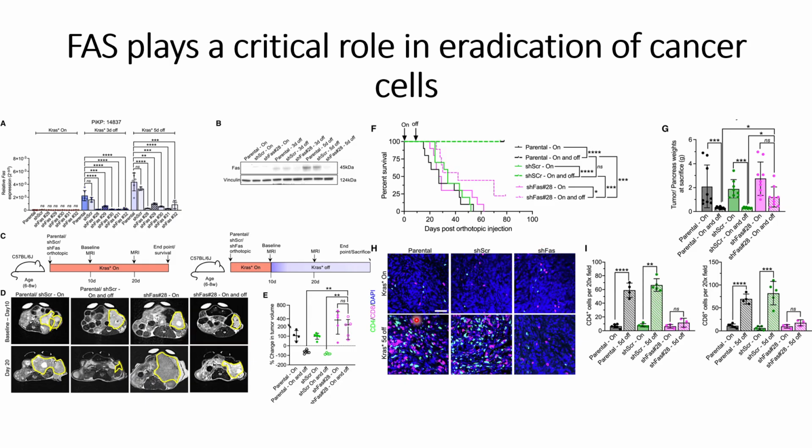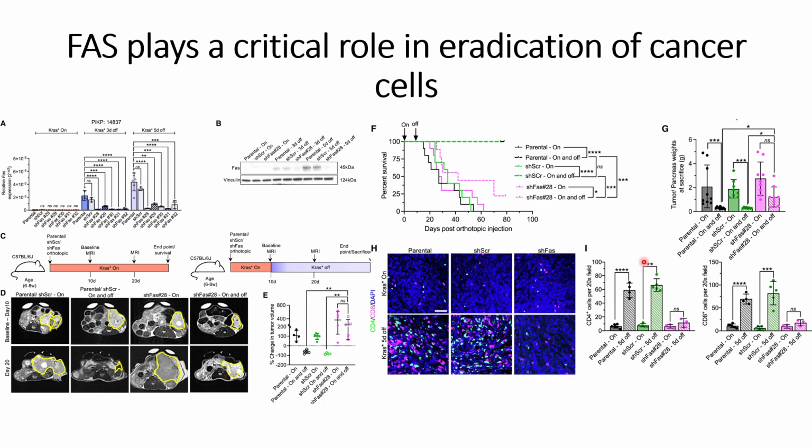But when the KRAS mutations are off after 5 days, we see the infiltration of the CD4 plus and CD8 plus T cells in the parental and short hairpin scrambled RNAs, but not in the short hairpin FAS mRNAs case. This indicates that FAS receptors are not there, so immune cells will not be able to perform their function, or the immune system will not act similarly as it acts in the parental case and short hairpin scrambled RNAs case.